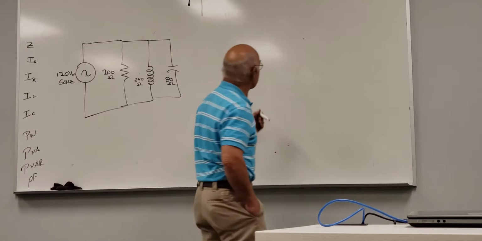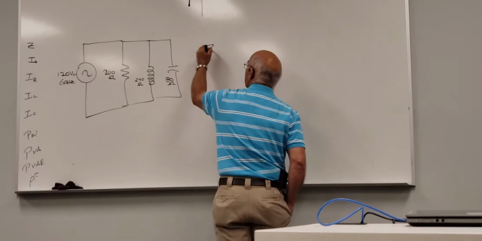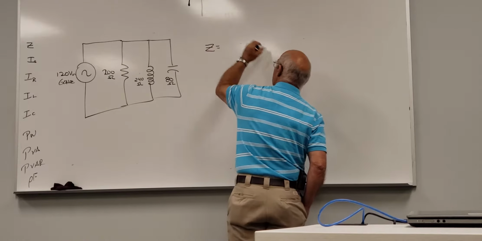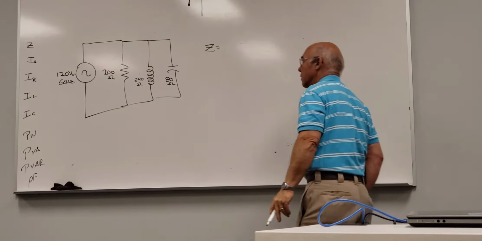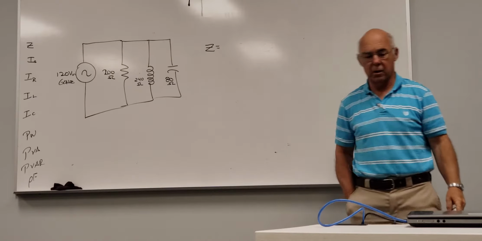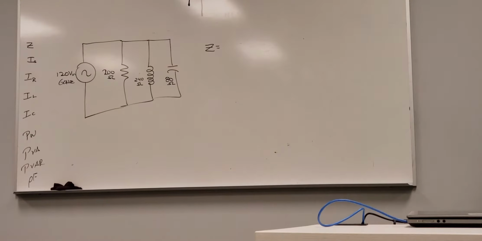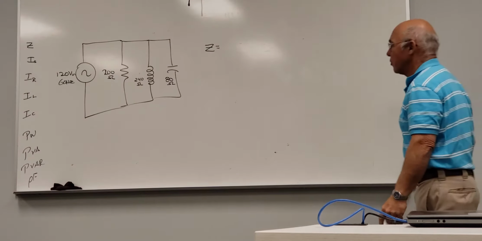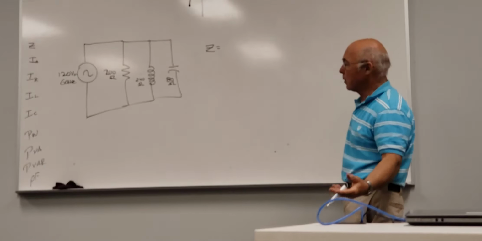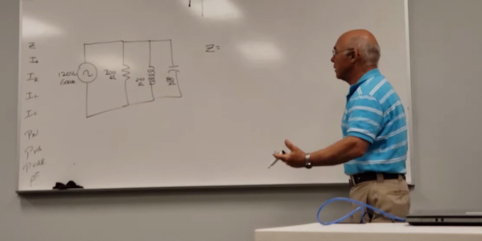Start with impedance. Now, impedance here, I would use the 1 over method. If it were resistors, we'd be 1 over R1 plus 1 over R2 plus 1 over R3.